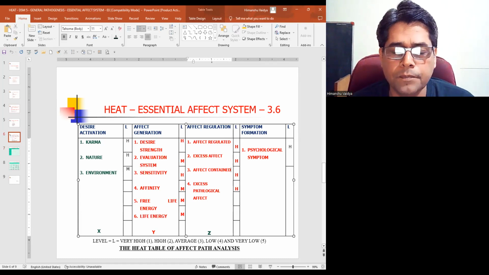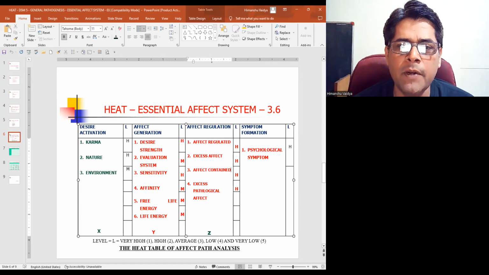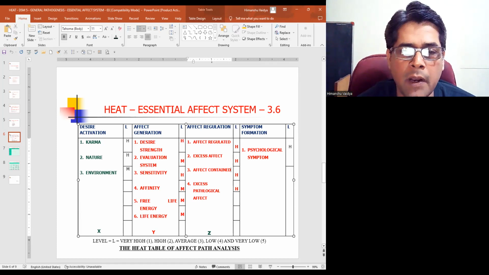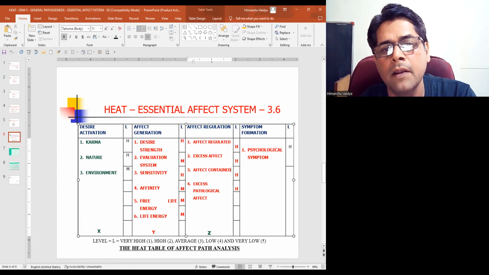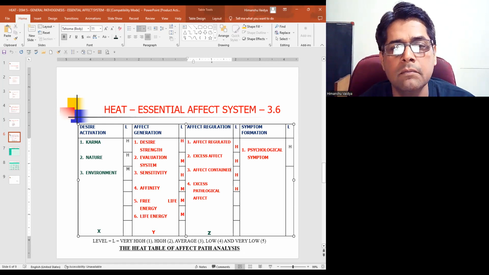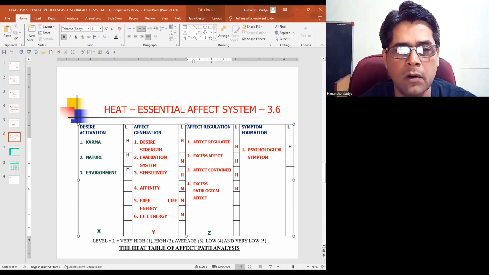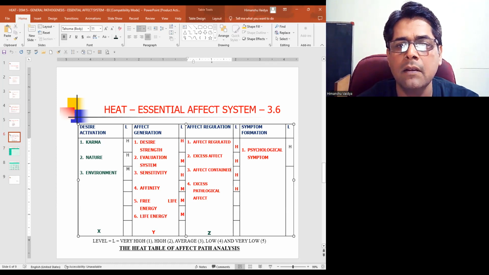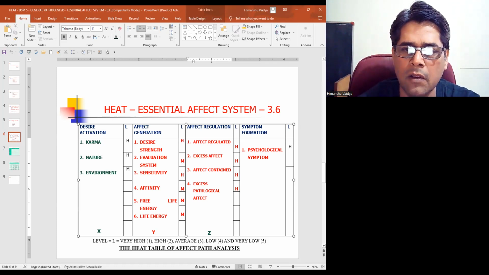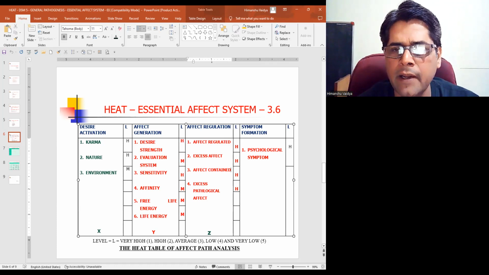How much is generated dictates how much I hate you and how much I want to kill you, and therefore the strength of the paranoia. So in one case it could be karma, in the second case the environment, in the third case the evaluation system because of karma or environment or constitution. And then we see in the case how the affect is regulated or not regulated. What is the containment capacity there or not there? Obviously, it is beyond the containing capacity, therefore the symptom.